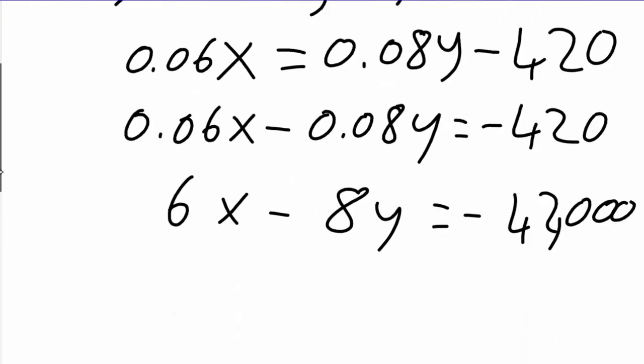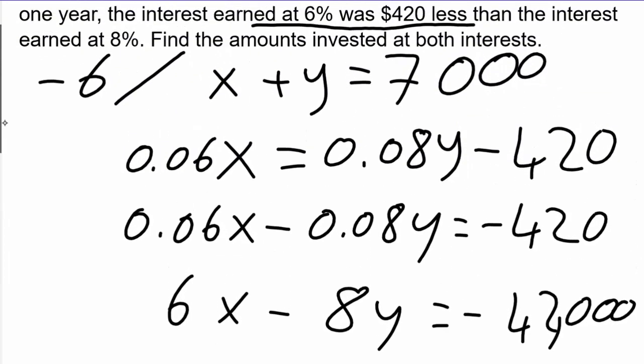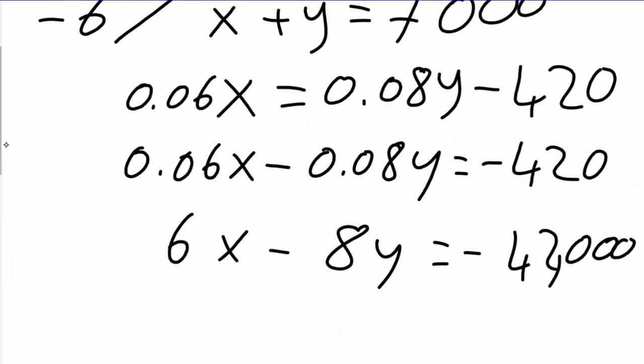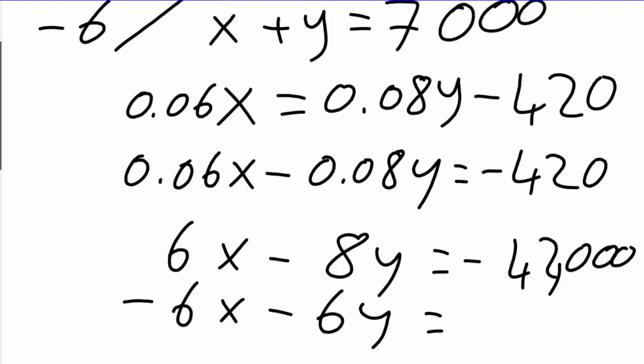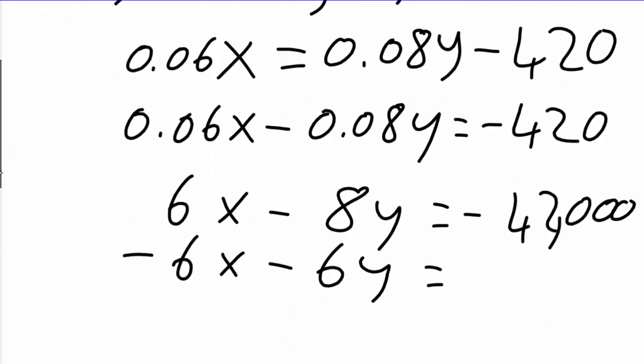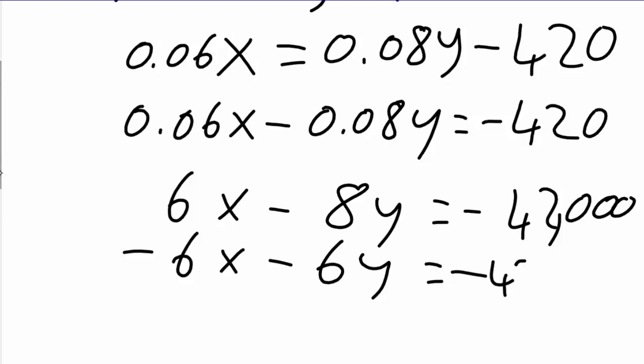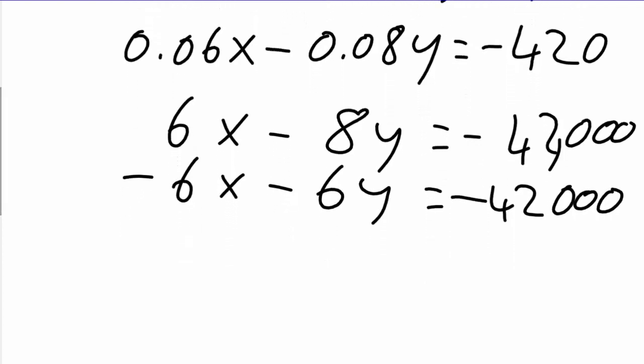So negative 6x, negative 6y equals, what is 7 times 6? 42. Negative 42,000. Okay, it's a coincidence. We got negative 42 twice. But anyway, math is correct so far.